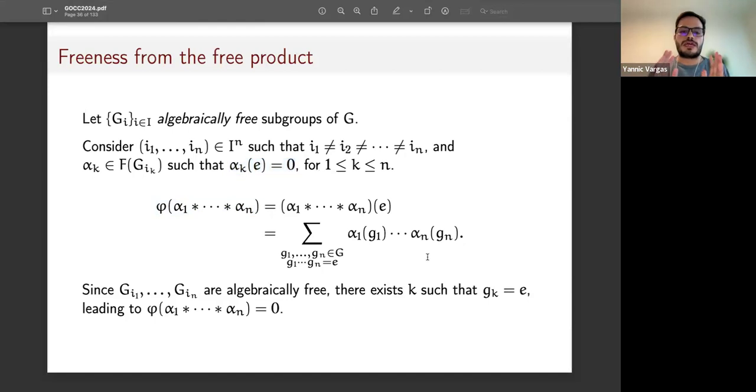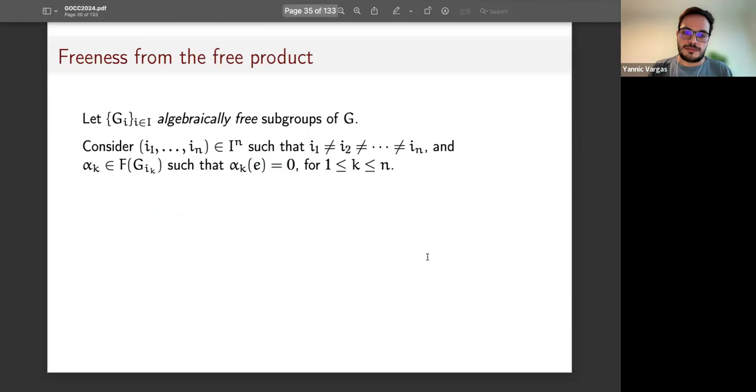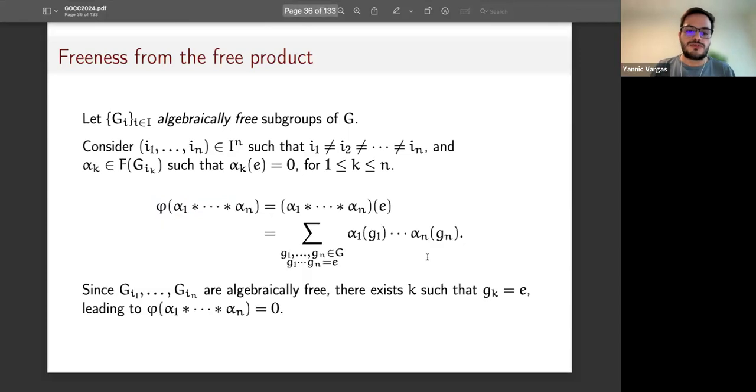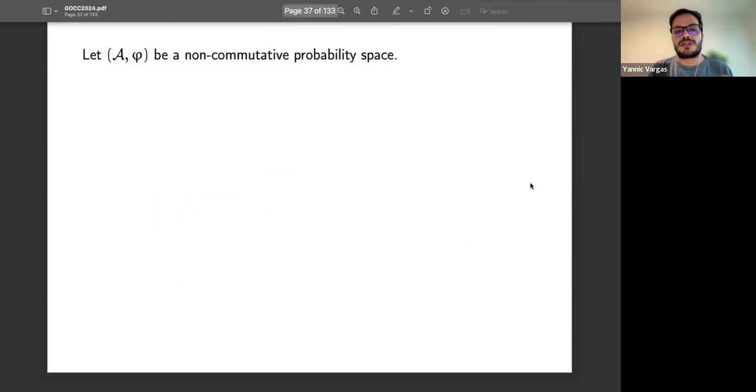So what I gave you is again a definition of a non-commutative probability space, and a situation in which, if I take those subgroups which are algebraically free, the expectation on F of J of this convolution product is 0 as soon as we have this condition. So this is a toy model for what free independence means in non-commutative probability.